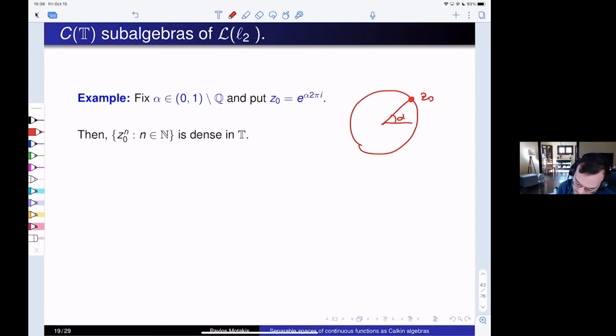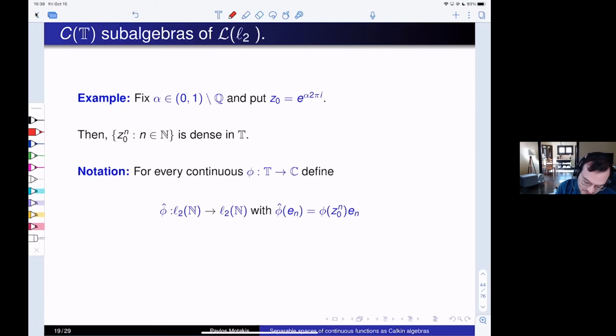What you do next is you start with a continuous function on the torus, and you want to identify this with a certain operator acting on a Hilbert space. And the way I do this is I define a diagonal operator with respect to the basis. So for this phi, I define a diagonal operator that sends the nth basis element of the unit vector basis of L2 to a multiple of itself that comes from the action of phi on this nth element of this dense set.